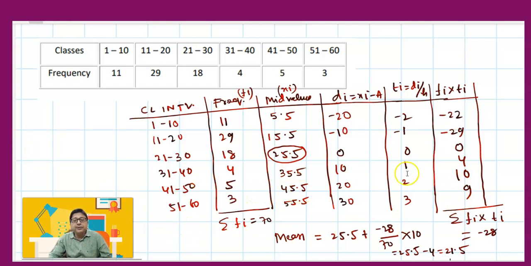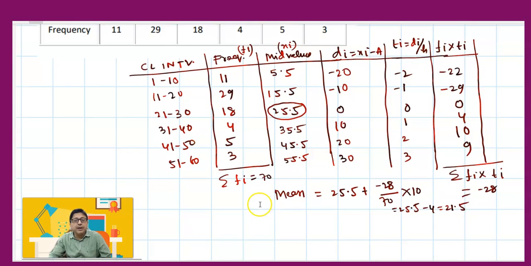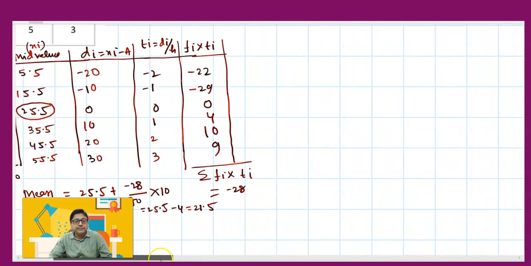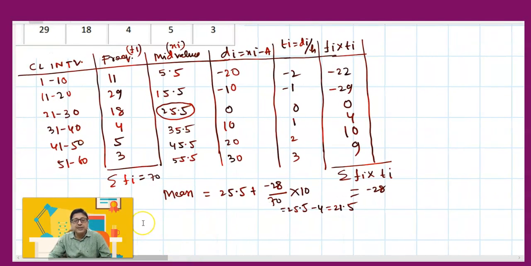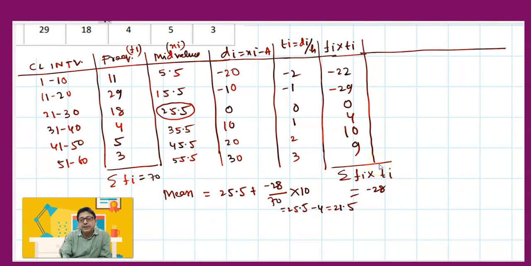Now if we wish to find the value of mean deviation about mean, we can continue in the same table. In this table only we will find what we need, mod di.